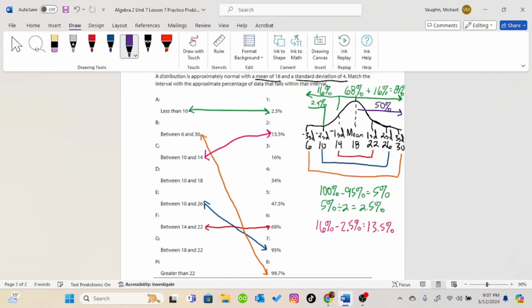If we know that 50% is above 18, and we know that 2.5% is below 10, then that's 100% minus 52.5%, leaving 47.5%. So D matches number 5.